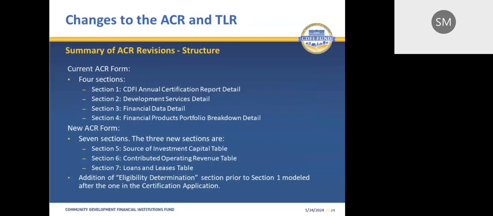The 4 sections cover certification requirements, development services activities, financial performance, and financial products portfolio. The new version of the ACR, released in conjunction with the revised CDFI application and policies, adds 3 new sections to the annual form.